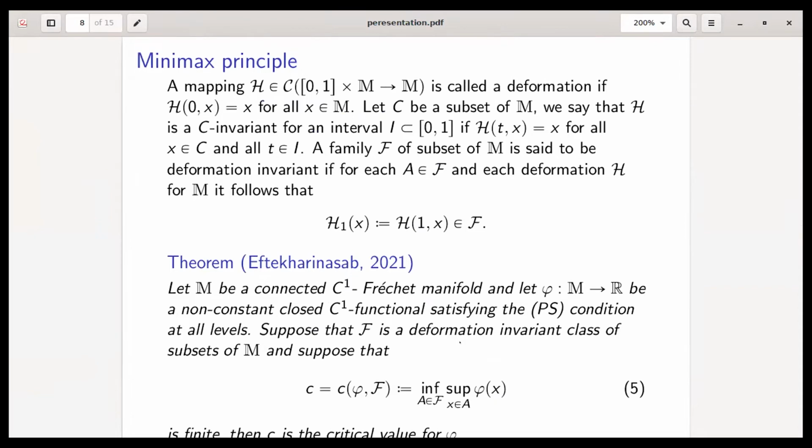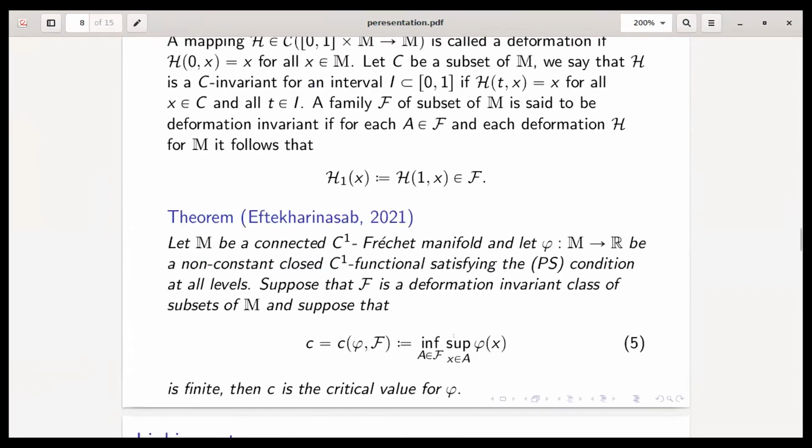The minimax principle is the statement of the theorem. It characterizes a critical value of a functional as an expression in equation 5, over a suitable class of subsets of the manifold.